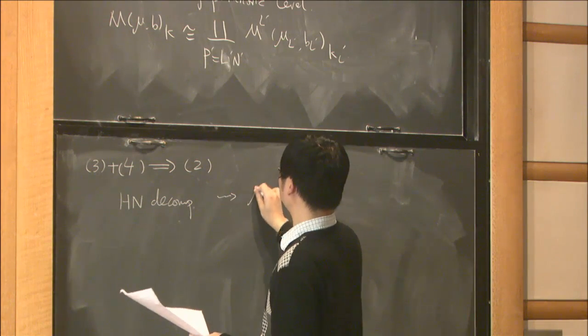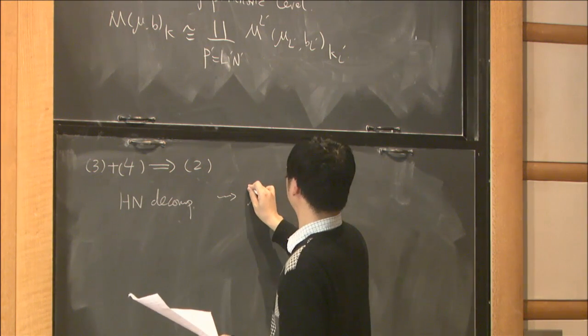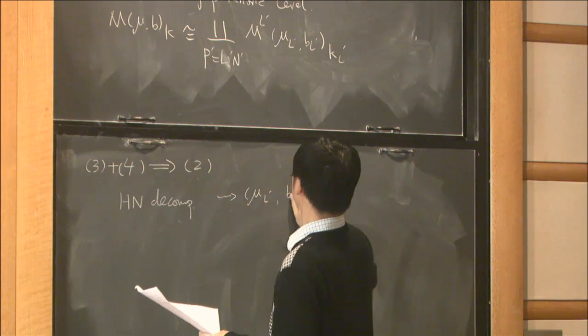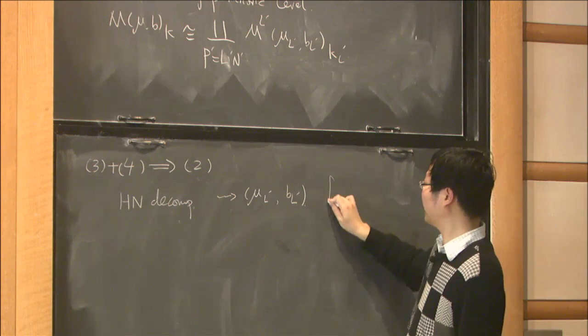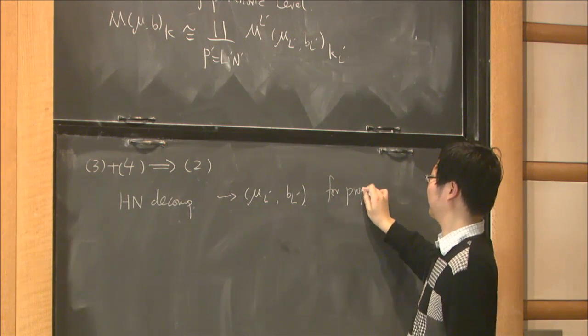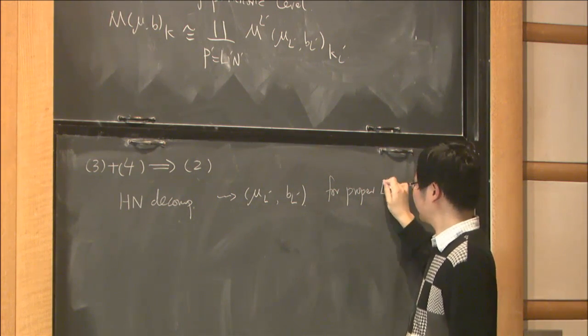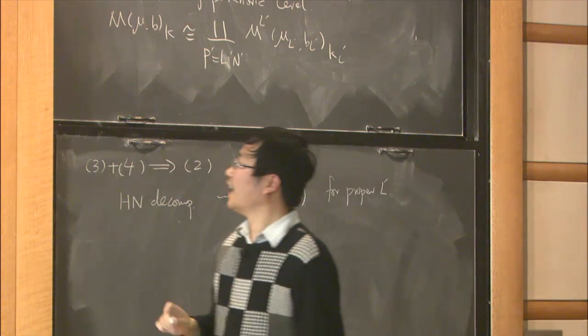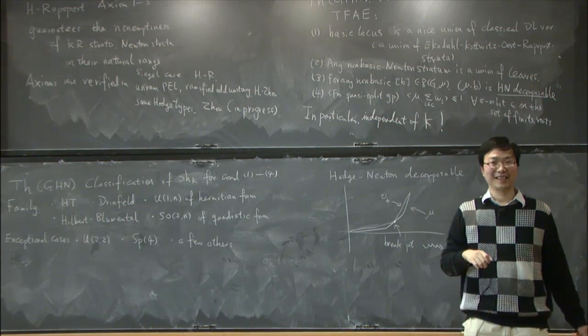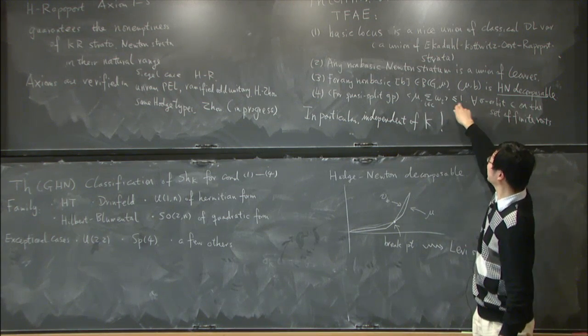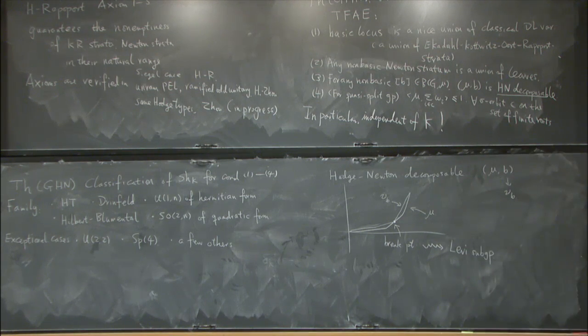So we want to consider the pairs mu_L prime and b_L prime for the proper Levi, and then we use this condition, because the mu together with this is less than or equal to 1.